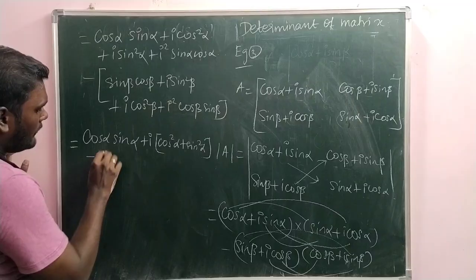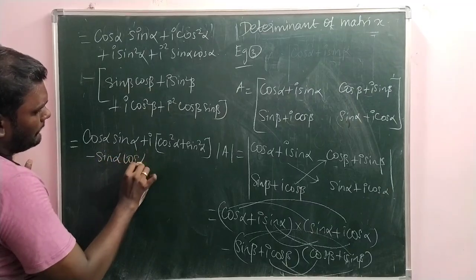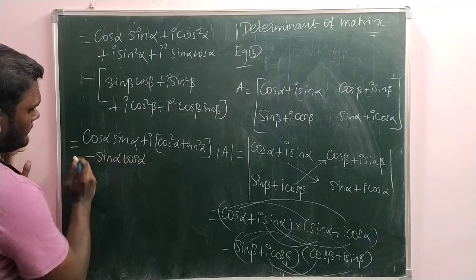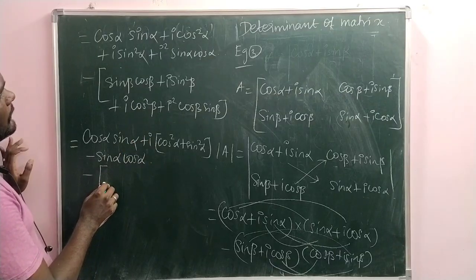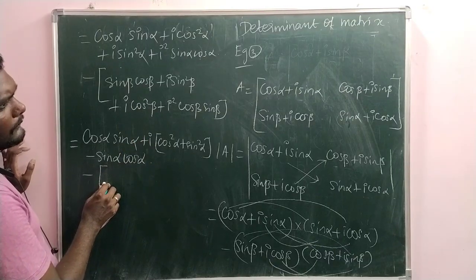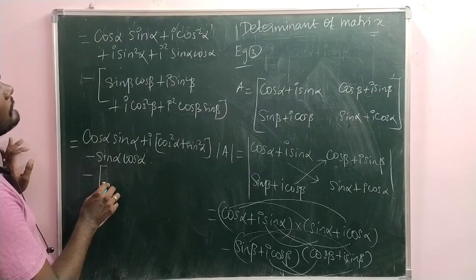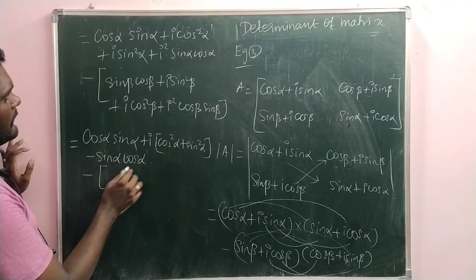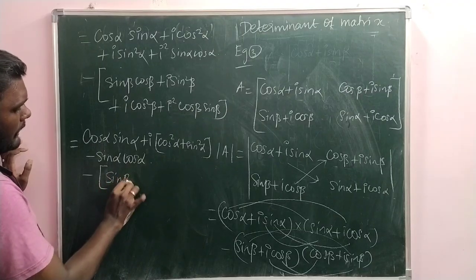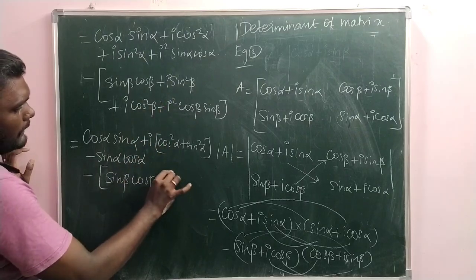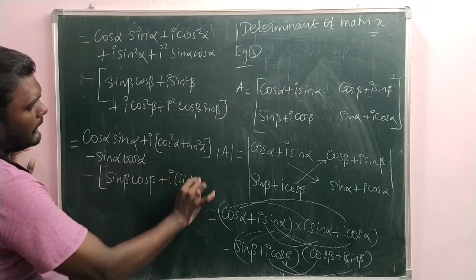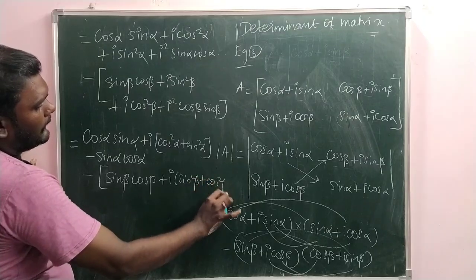So minus sin alpha cos alpha. Here also the same thing. Yes, 0 is the answer. Here also sin beta cos beta will come, and plus i into sin square beta plus cos square beta.